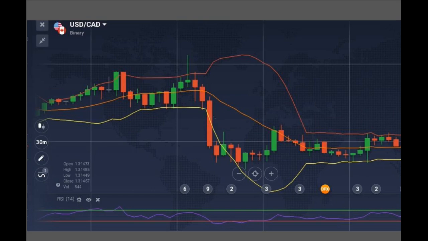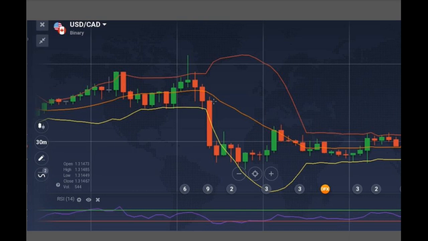The Marubozu is the candle that informs you of a transition in momentum, or transmission, or transition, any one of them.